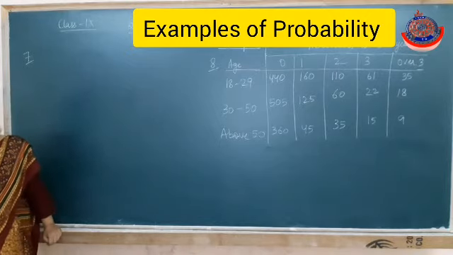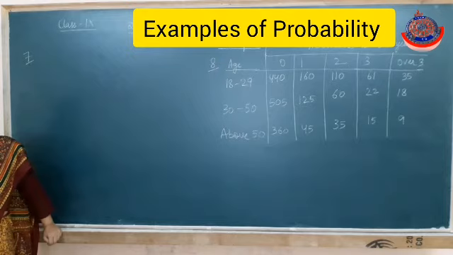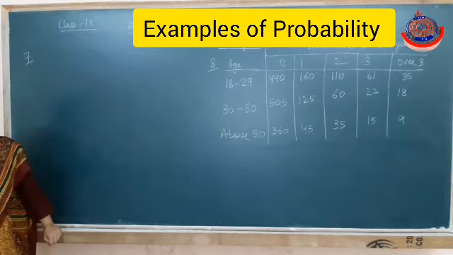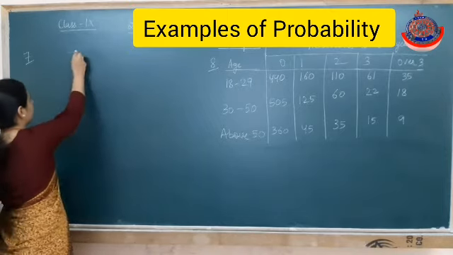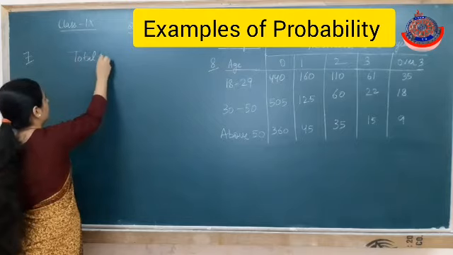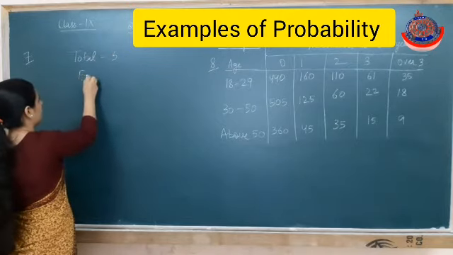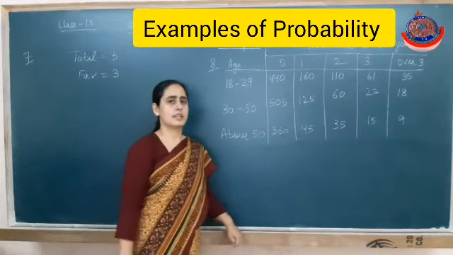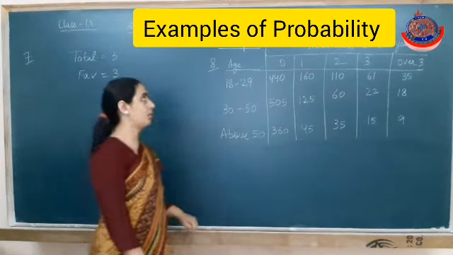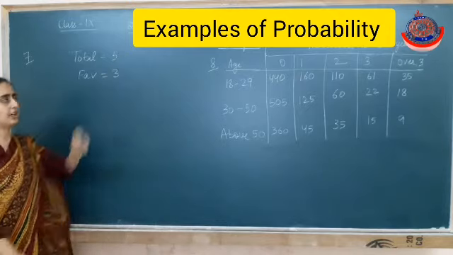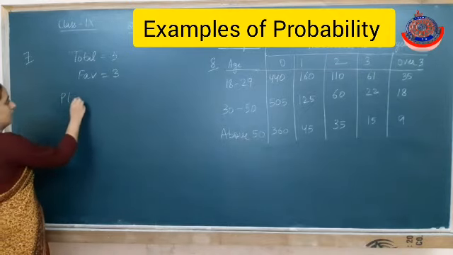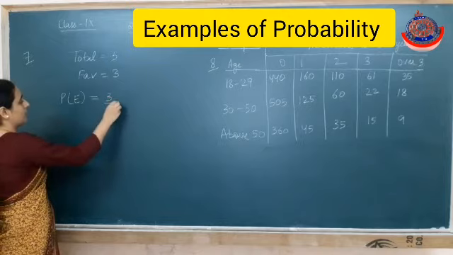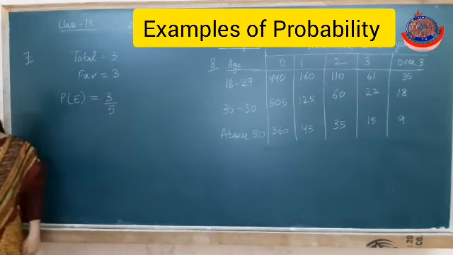Now if you see the question carefully, the table given in the question, more than 70% are in unit test 2, unit test 3 and 5. Now total unit tests are 5 and my favorable will be 3 because he has got more than 70% in 3 tests. So what will be the probability? 3 upon 5. So we will write, let E be the event and then probability will become 3 upon 5.